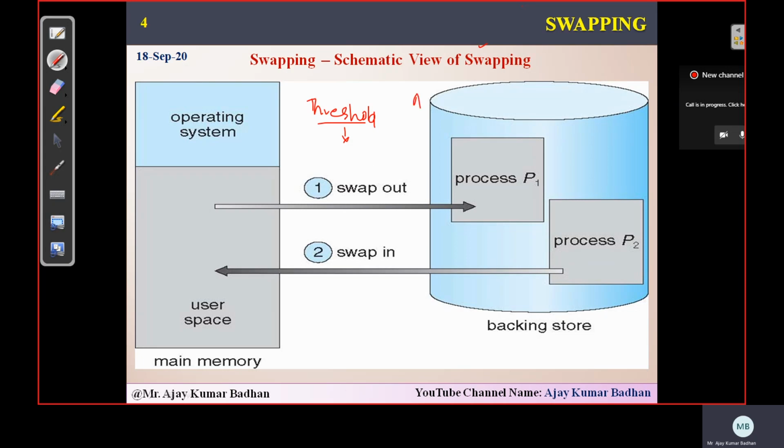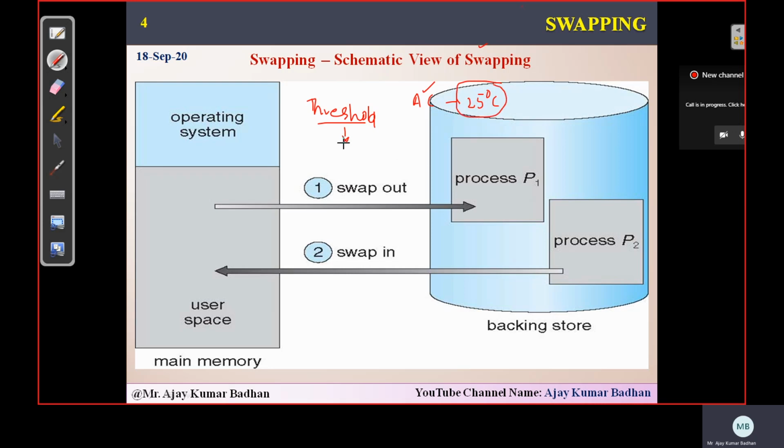For example, at your home you might have an AC and you set it at 25 degrees centigrade. You are setting the target, isn't it? This 25 degrees is a threshold. Whenever the room temperature is below 25 degrees, the AC will be turned off, but if it is above 25 degrees, the AC will be turned on. That is what we call a threshold.